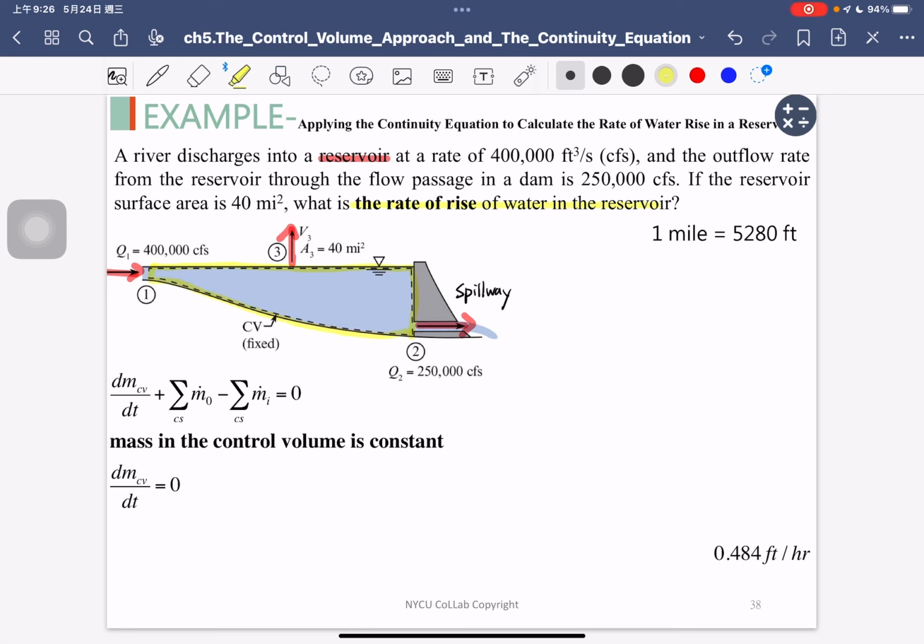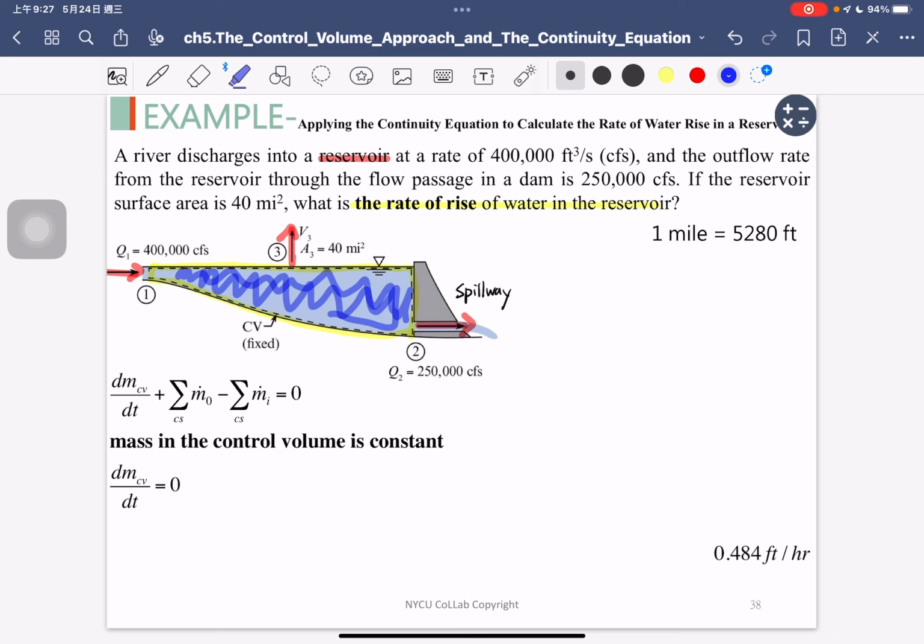As we know, if we depict the control surface already, and the water is rising, that indicates the water inside here is always constant, right? The water inside the control volume is constant, so all the blue area here cannot change with time.